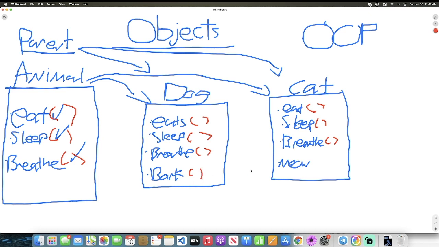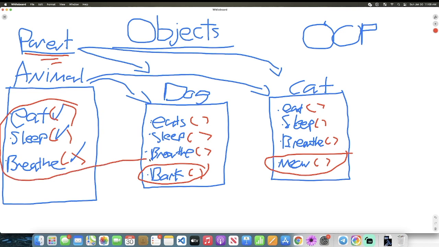Now, these bark and meow functions are functions as well. We can consider that. And a cat does not have access to this bark function in the dog, and the dog does not have access to this meow function in the cat, okay? So just because they share the same parent doesn't mean that they're the same. The only thing that they have in common is the fact that they all eat, sleep, and breathe, okay?